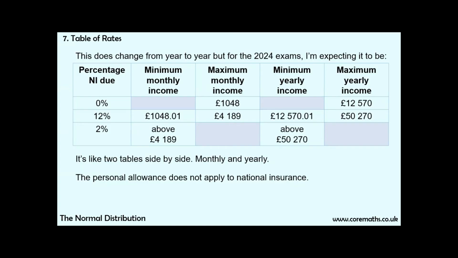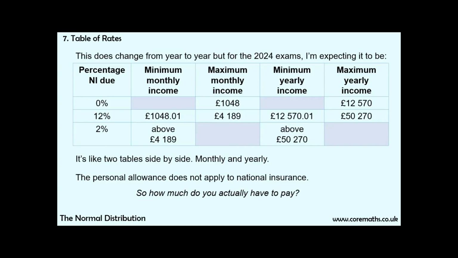It's not technically a personal allowance, but you are not paying any national insurance on the first 12,570. Most of the time we don't worry about that because we're not going to have any different personal allowances. But if the question you're looking at does have a lower personal allowance, that doesn't affect what you're doing in national insurance. That will only affect your income tax.